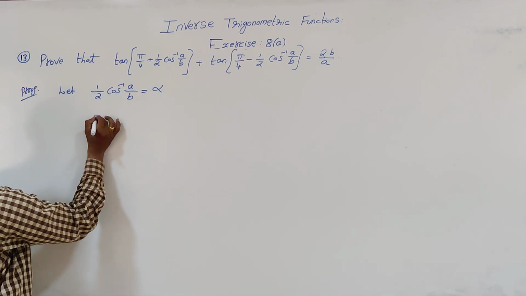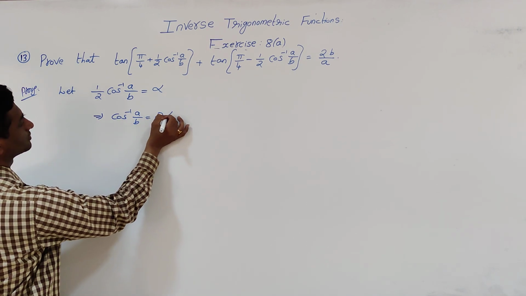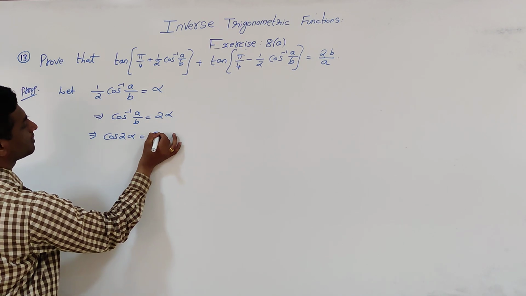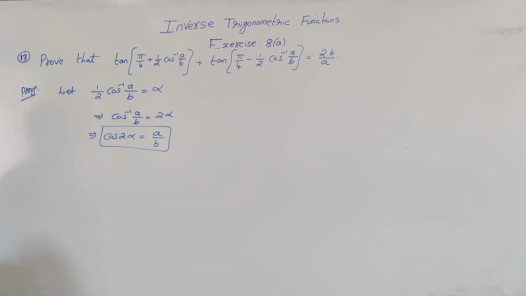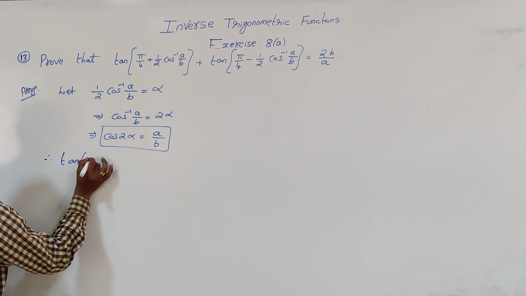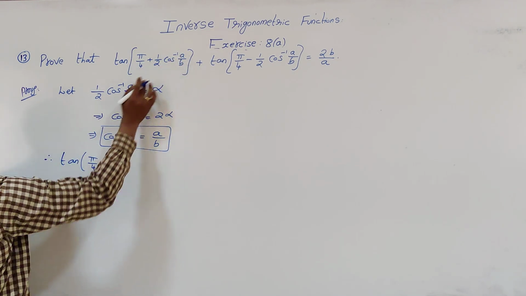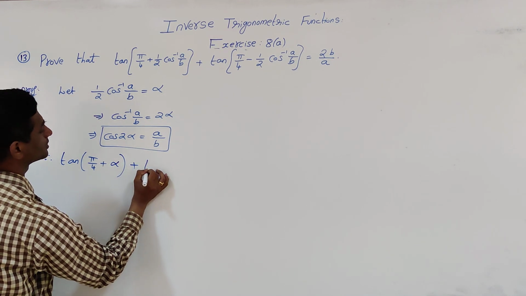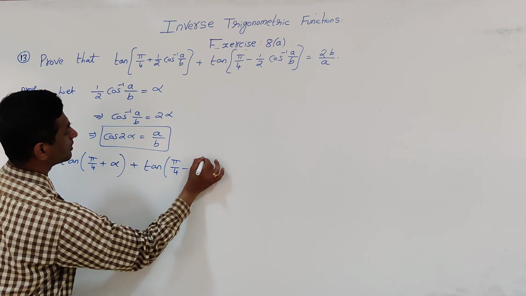Cos inverse of A by B will be 2 alpha, which implies cos 2 alpha will be A by B. So cos 2 alpha is A by B. Now this reduces to tan of pi by 4 plus alpha, plus tan of pi by 4 minus alpha.